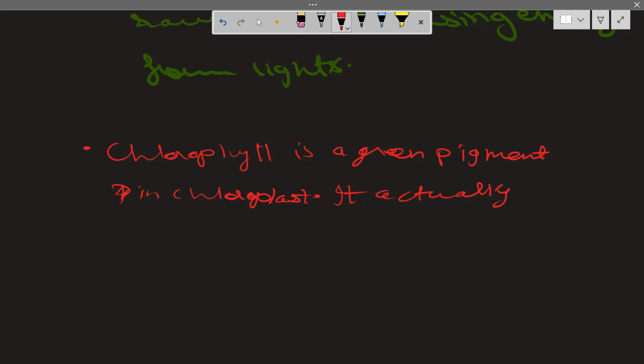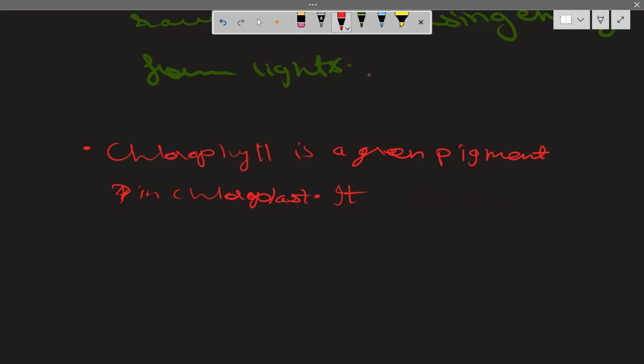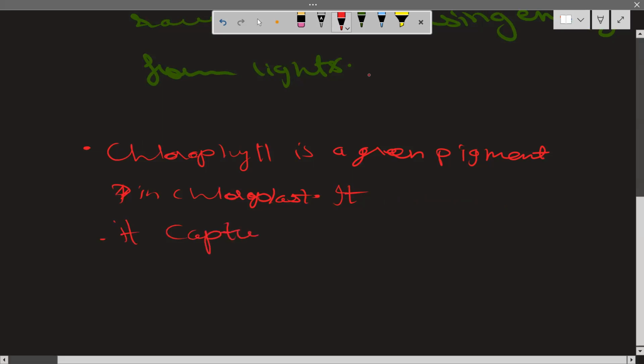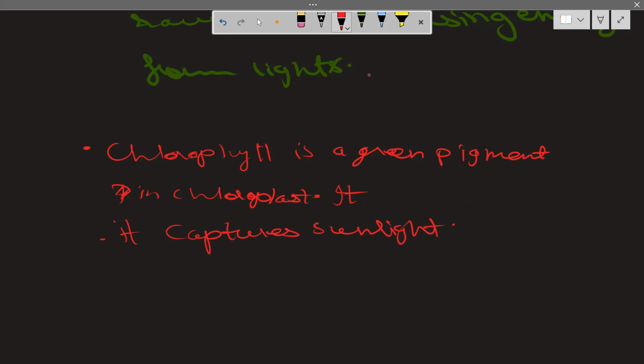It captures the sunlight, which is then converted to heat energy and due to that the food is made. Okay? So what does it do? It captures sunlight.